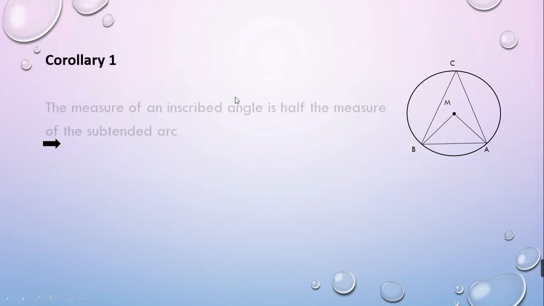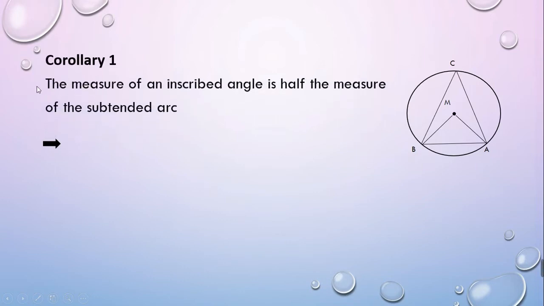Corollary 1. The measure of an inscribed angle is half the measure of the subtended arc. We studied before that the measure of the arc is equal to the measure of the central angle which subtends this arc.